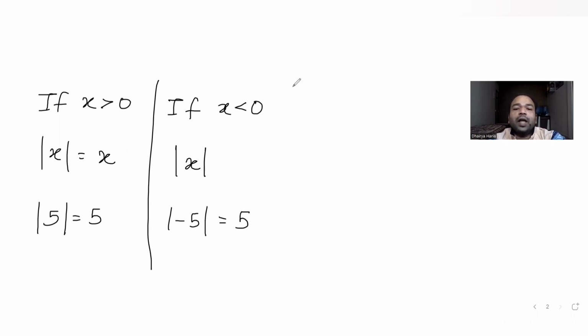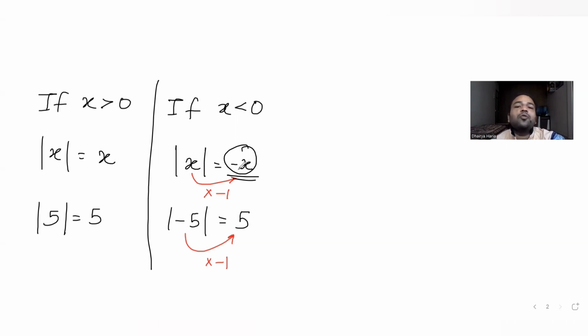Now, how do we get that? Basically, whenever an expression inside the mod is negative, you multiply it with -1. So if I have x within the mod negative, I'll multiply that with -1. That gives me a positive answer, which makes it -x.